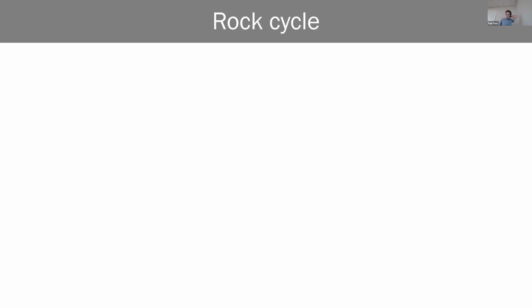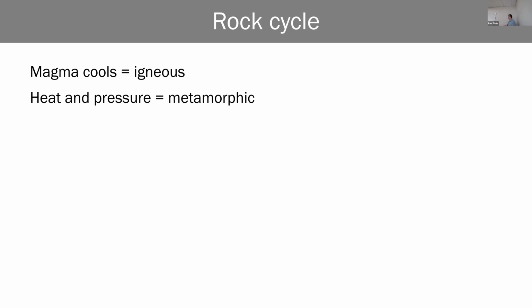Rocks begin as magma. When we have magma or lava cooling within Earth's crust, that's how we get our igneous rocks. Metamorphic comes from when those rocks, or any rocks, experience some kind of intense heat and pressure that changes the structural makeup, changes the kind of rock we have. We call that metamorphic. It's now changed.